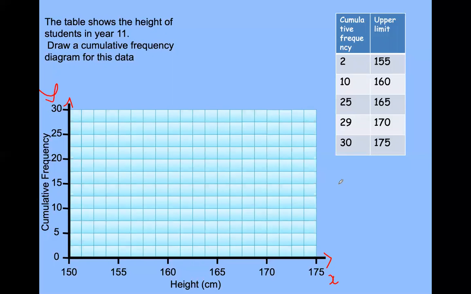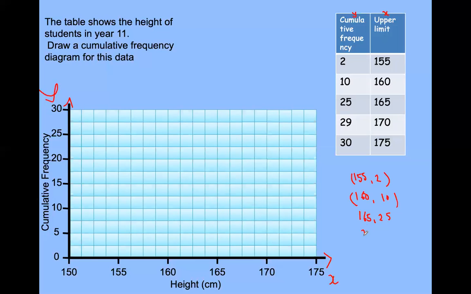and start plotting the points. So the points are going to be, because this is x and this is y, (155, 2), okay? So it's good to make the points visual for yourself. All right, (160, 10). Next one is going to be (165, 25).